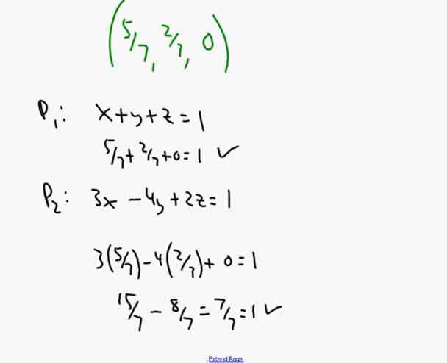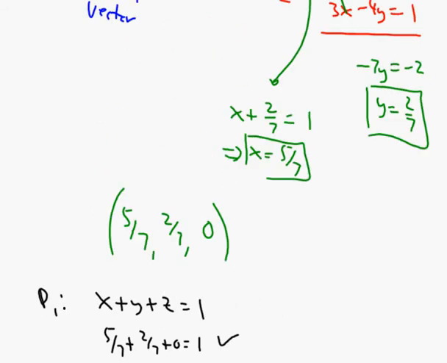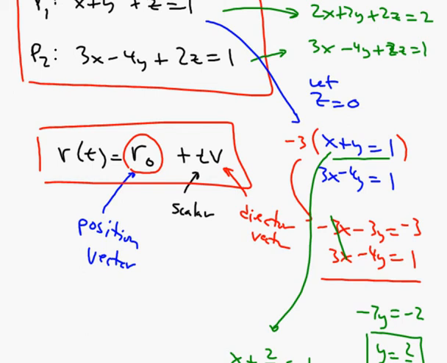So we're on our way. We can go back and look at our equation of our line, and say, hey, I have part of that now. So I'm going to write that: r of t is equal to 5 sevenths, comma 2 sevenths, comma 0, plus some scalar times the direction vector. So we're sort of halfway there.